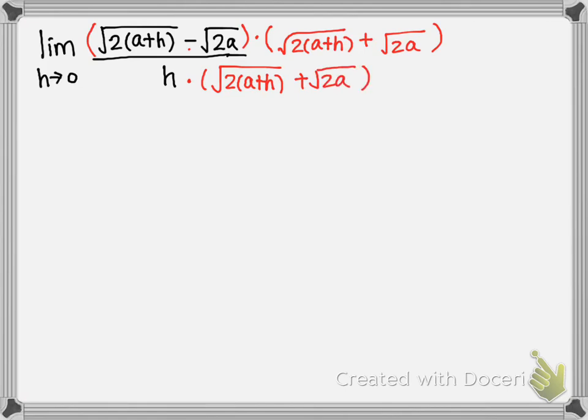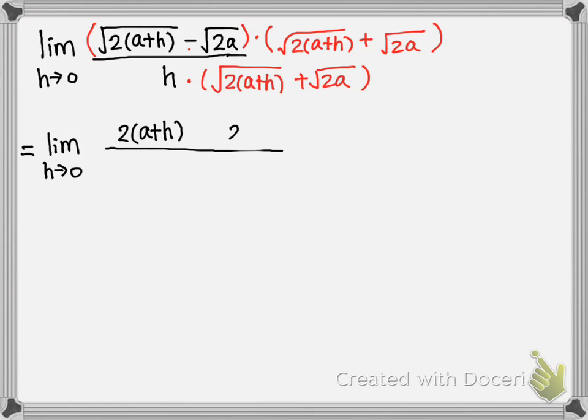Now we can FOIL the numerator. So equals the limit as h goes to 0. The numerator follows the difference of squares formula. So it's the first term squared, so 2a plus h. When you square a square root, you just get rid of the radical symbol.